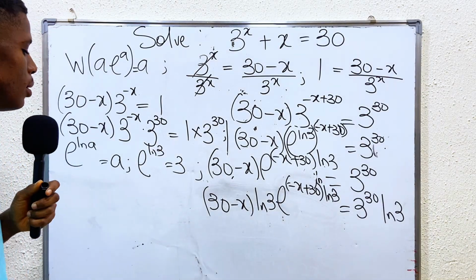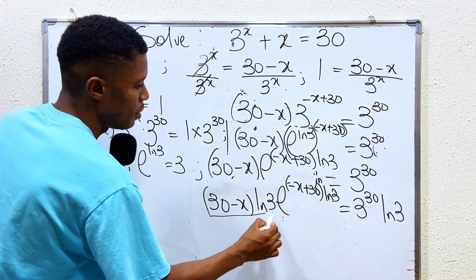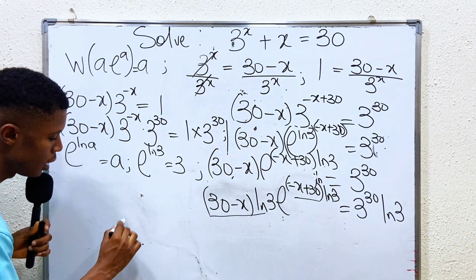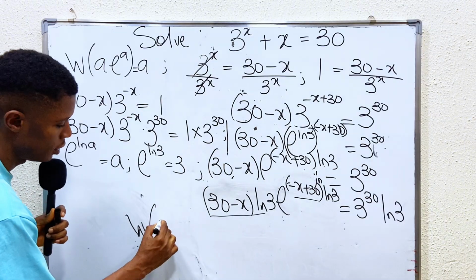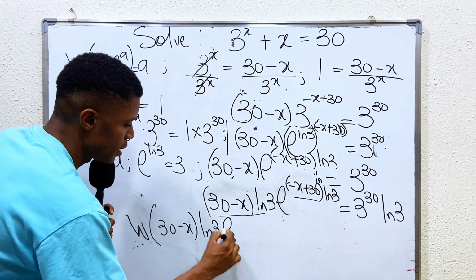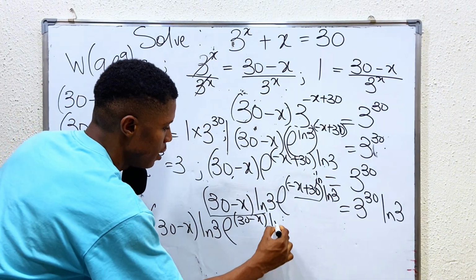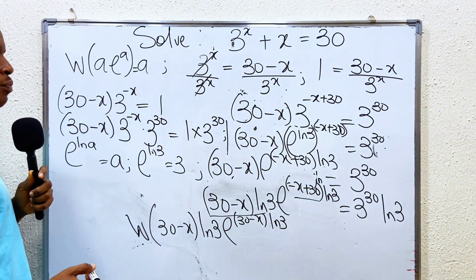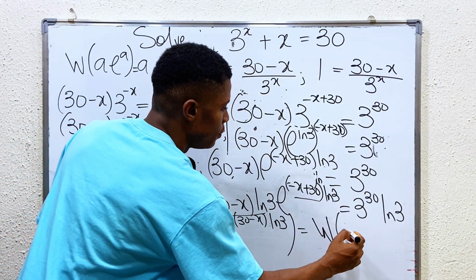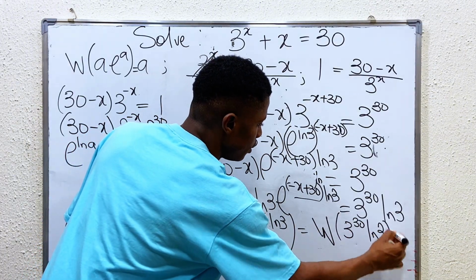If you're applying the Lambert W function, we'll now have something like the Lambert W function, because this term and the power are now the same. So we'll have the Lambert W function of 30 minus x ln 3 times exponent 30 minus x, still the same, ln 3, is equal to the Lambert W function of 3 power 30 ln 3.